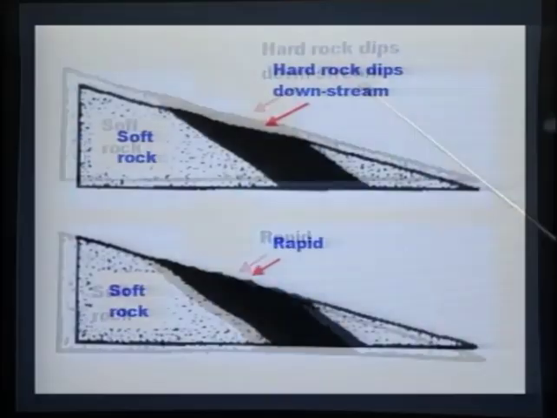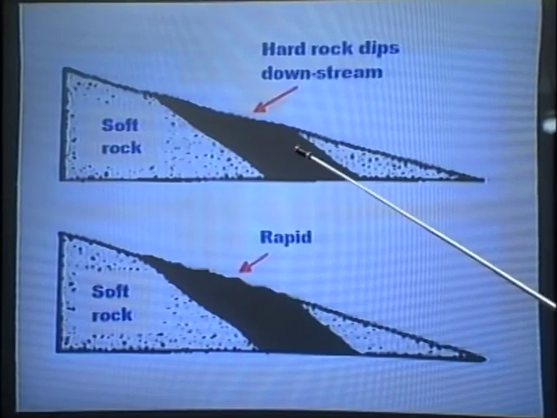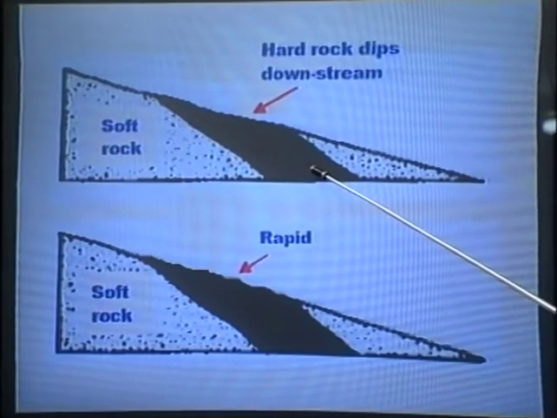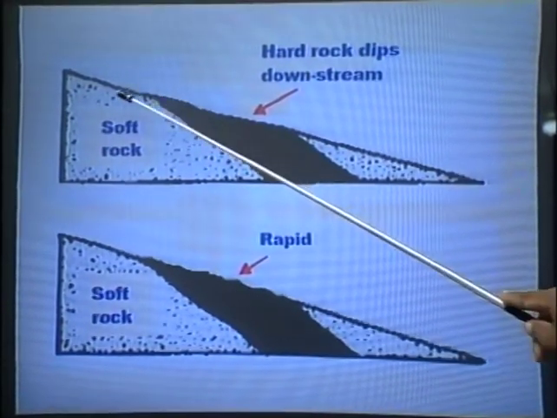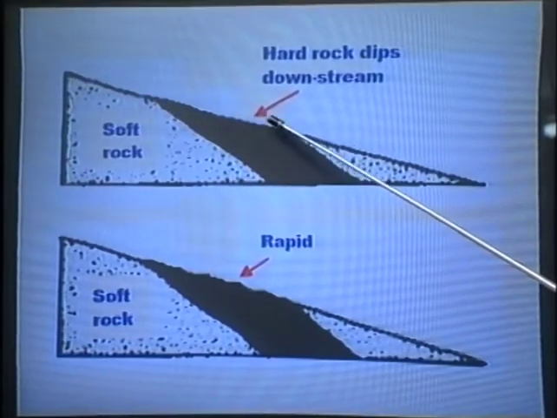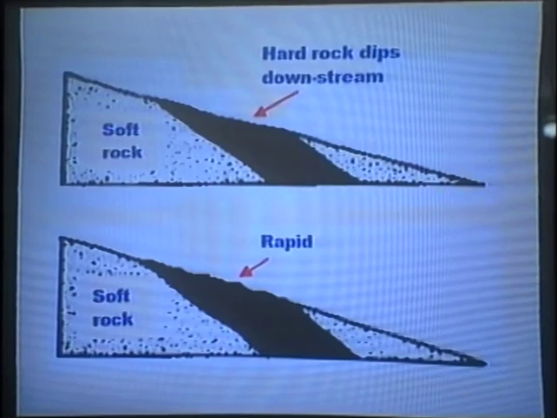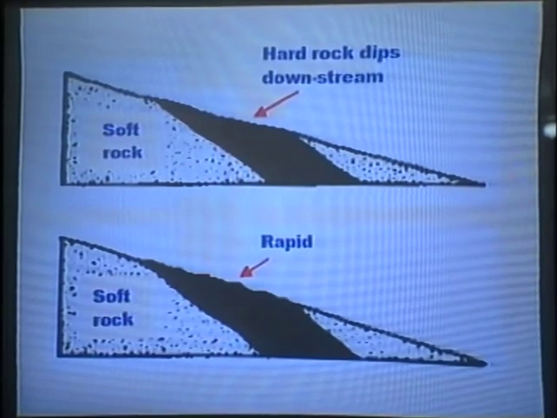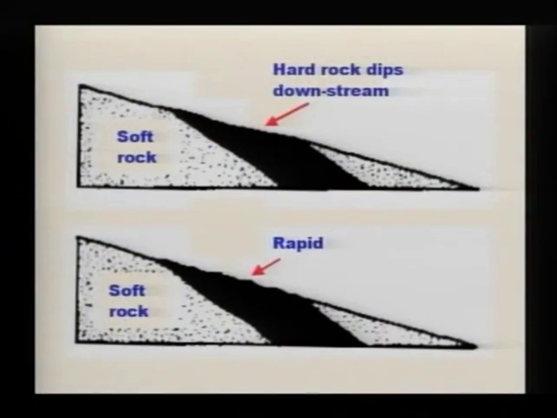You have the soft rocks. The hard rock must dip downstream. And at the top here, if the river is flowing, then you have the rapid being formed in this area or region. You double check and make your corrections, because that was the first activity you were expected to make note of.